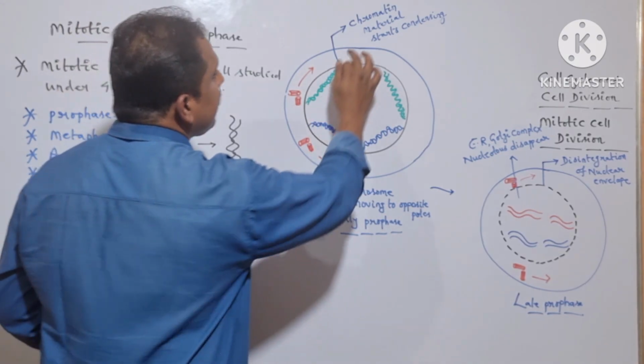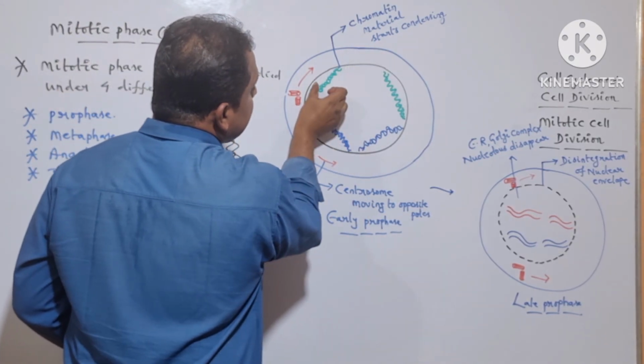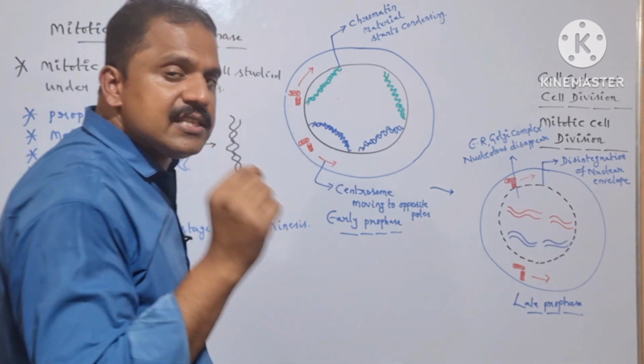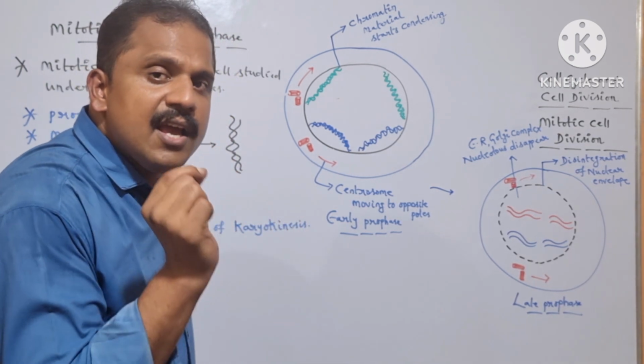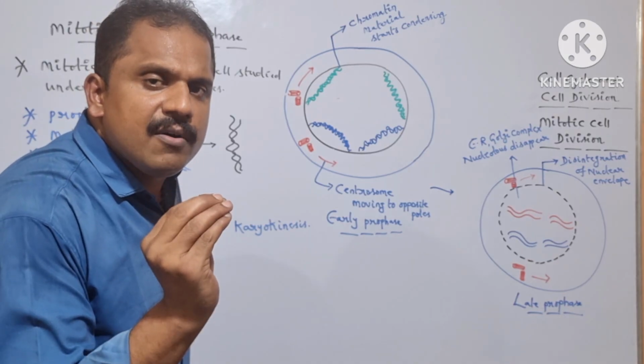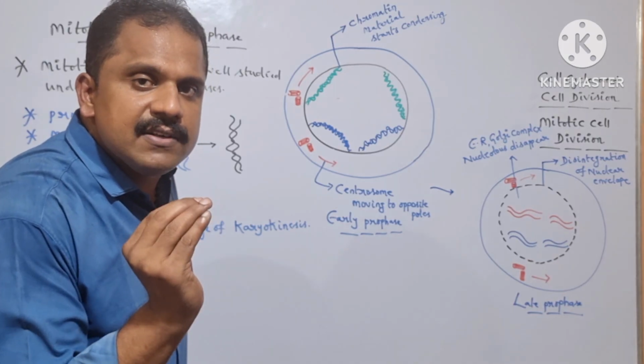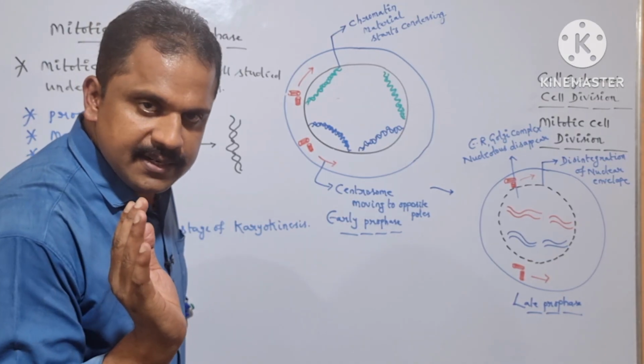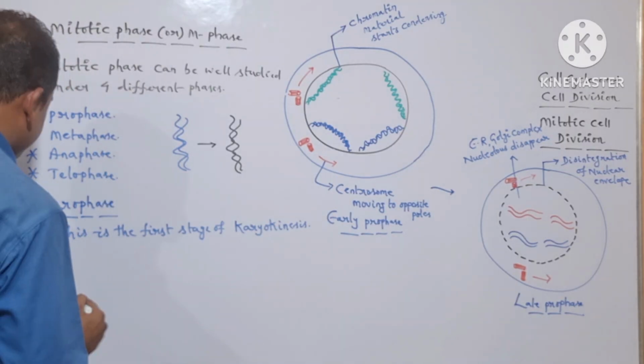So just look here, the chromatin material which is in condensed form. Once the chromatin material remains in condensed form, it is otherwise known as chromosome. Is it clear? So let me write it here.